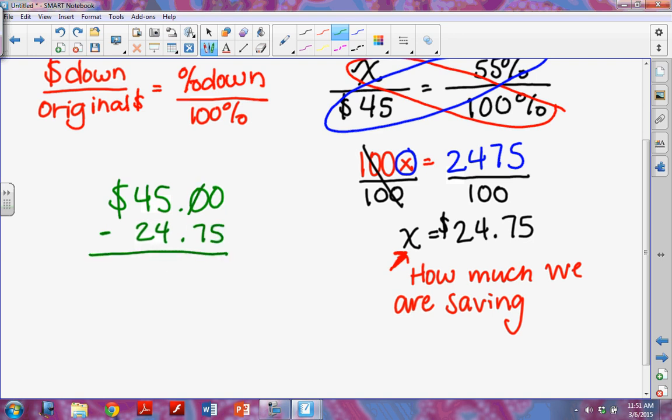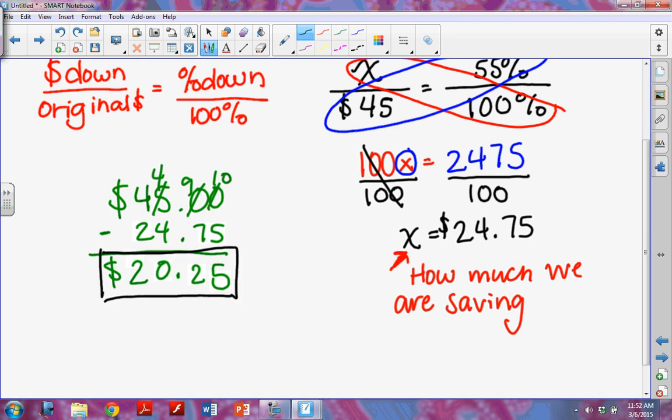So 10 minus, so you can't do that, so this becomes 9. So the jeans are going to cost me $20.25. Now, if you ask me, an avid clothes shopper, that's a pretty good deal for your jeans.